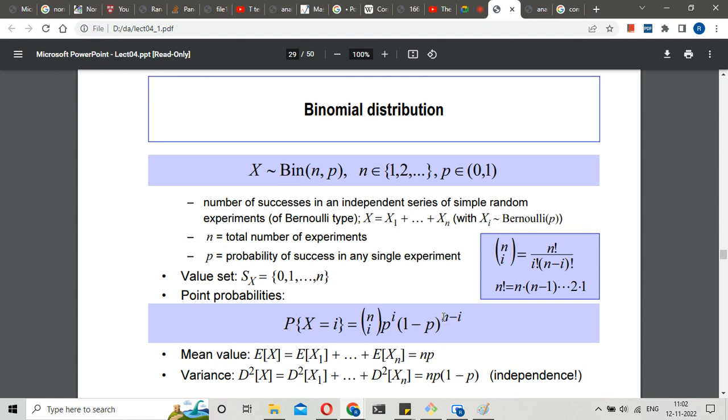This formula will give you the probability of getting 3 times head in 5 experiments when you put n equals 5. Similarly, you can calculate the mean and the variance, but these are not relevant. Mainly people will ask the point probability, that is the formula: 3 times, 4 times, or 2 times out of 5.